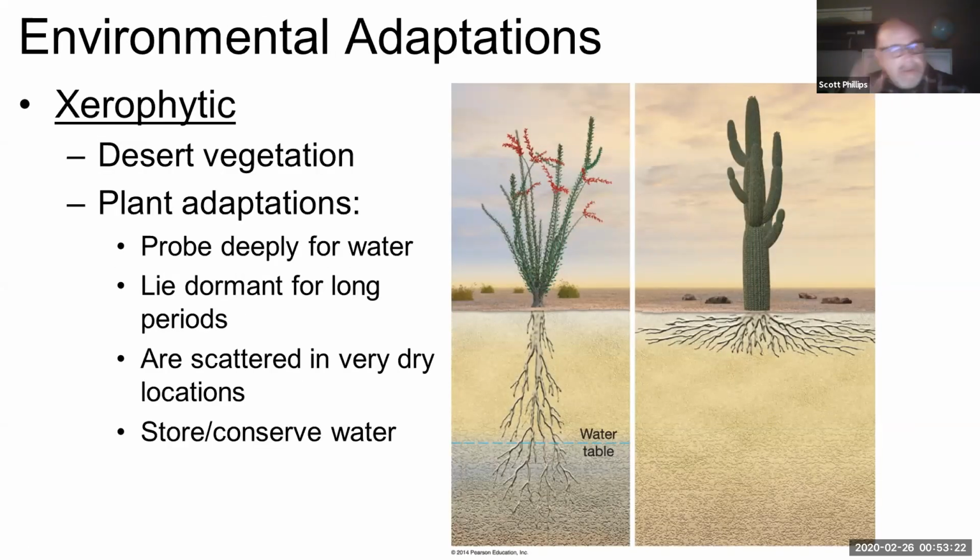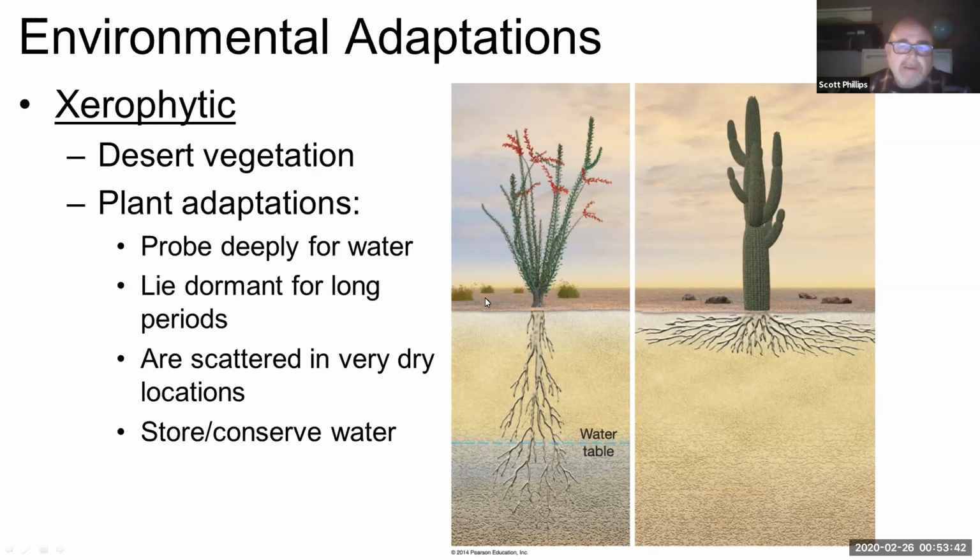Plants and animals also have adaptations to their environment. One example is xerophytic adaptations, which is what desert vegetation does. They evolved in areas that have a lack of moisture, so they do things like probe deeply to reach the water table, or store water in the plant themselves.